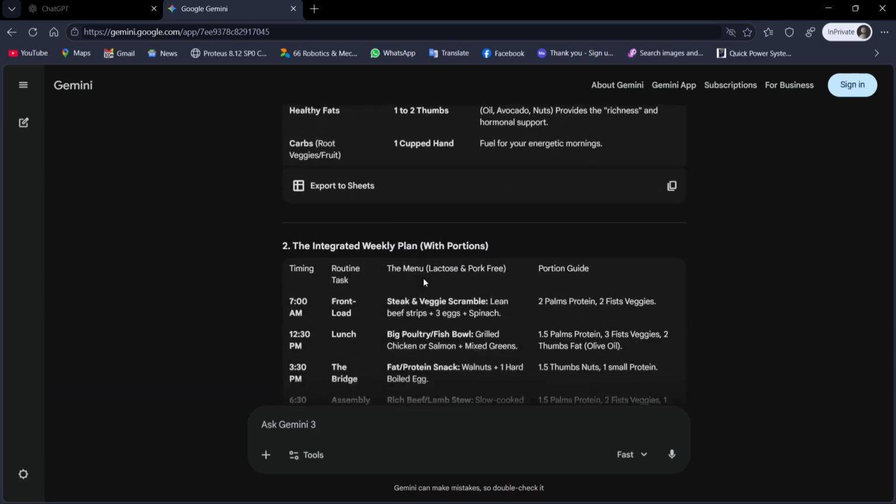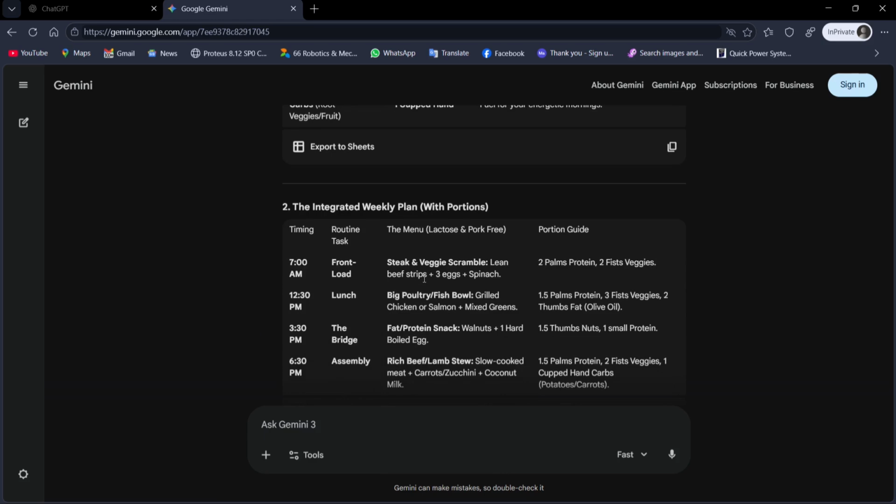This is great. Alright, so the integrated weekly plan with portions, right? We have 7 a.m., 12:30 p.m., 3:30. Then we have the portion: 2 palms protein, 2 fists vegetables, right? When you say 2 palms of protein, you take your palm and see if the protein in the meal can cover your palm twice, right? And then 2 fists of vegetables.